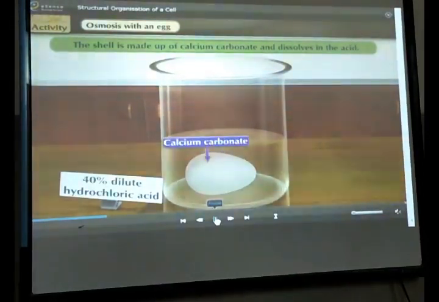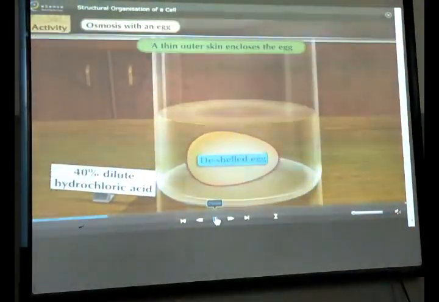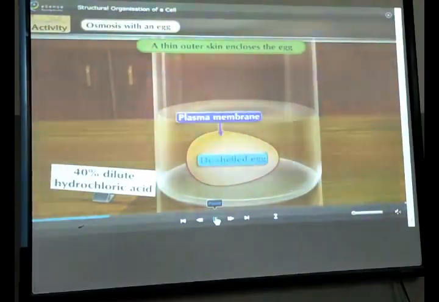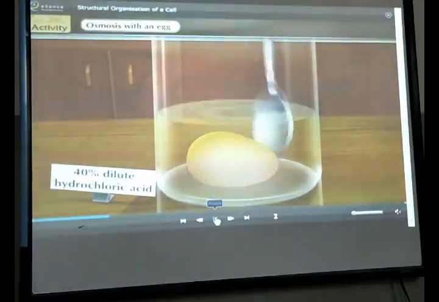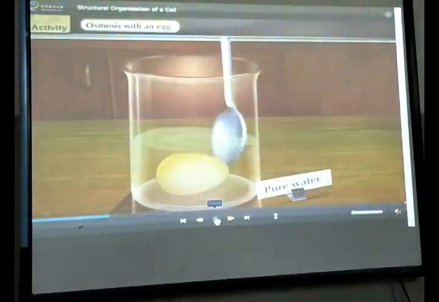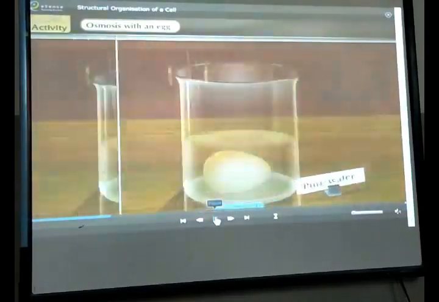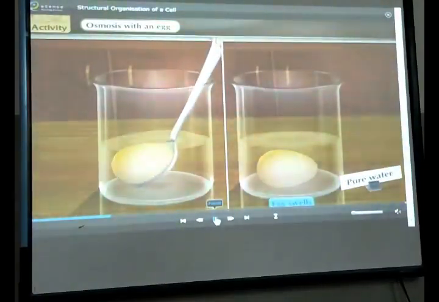So see, calcium carbonate is the outer surface of this egg, and inside the egg cell, the plasma membrane is there, and then you put this in pure water.